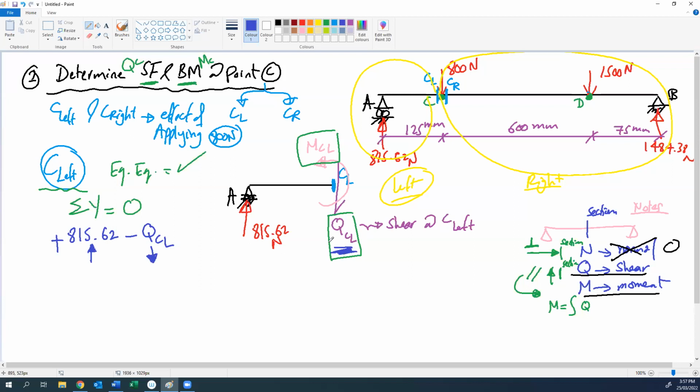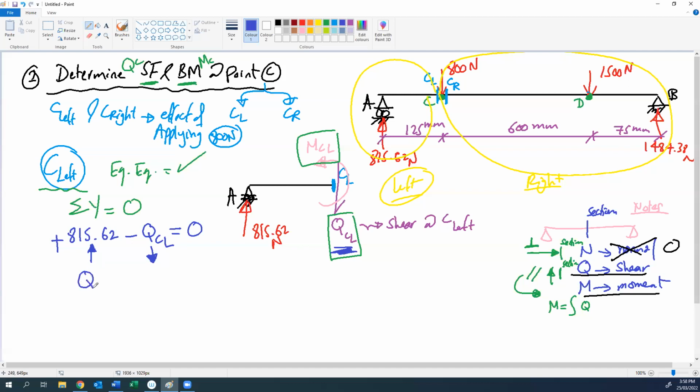You can assume it going up, it doesn't matter. But I assume it going down because this part should be under equilibrium. I have only one force going up, so the unknown should be going down to make equilibrium with the reaction force. So we have the reaction going up and the shear going down. These two together should be equal to 0.